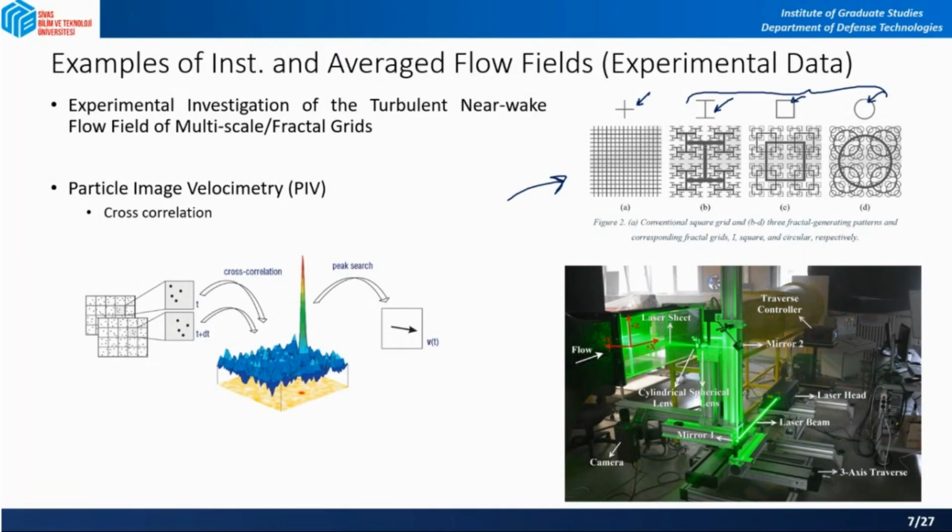So it is believed that they are able to generate different length scales downstream of the flow. So the study was to investigate the turbulent flow behind these different types of grids.